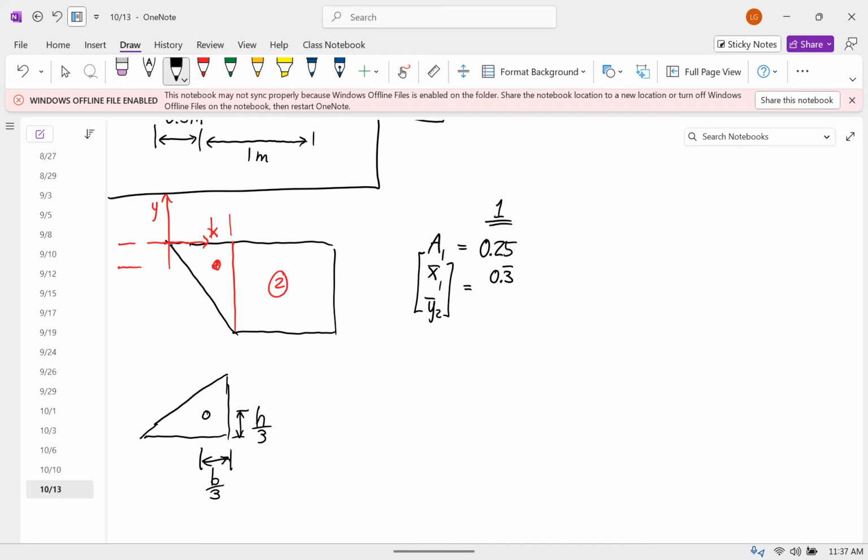And then for y, we want to go 1/3 of the way from here down to this point. That length is 1. So 1/3 of 1 is also 0.3, but this one's negative because of where I put the origin.